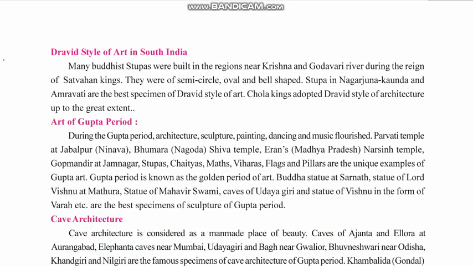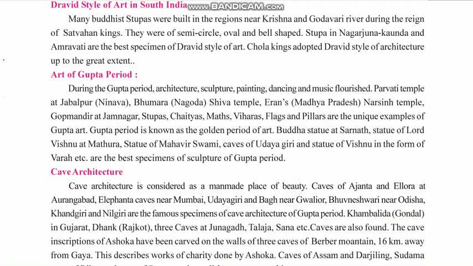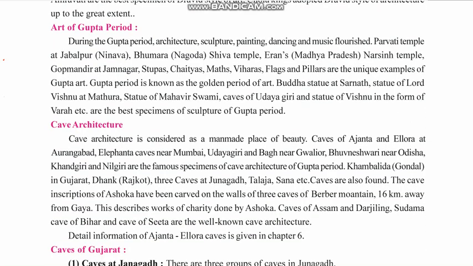We also saw about art of the Gupta period, and the last topic that we did was cave architecture. We saw about various caves that were situated all over India and how King Ashoka spread the message of Buddhism into all parts of the nation.